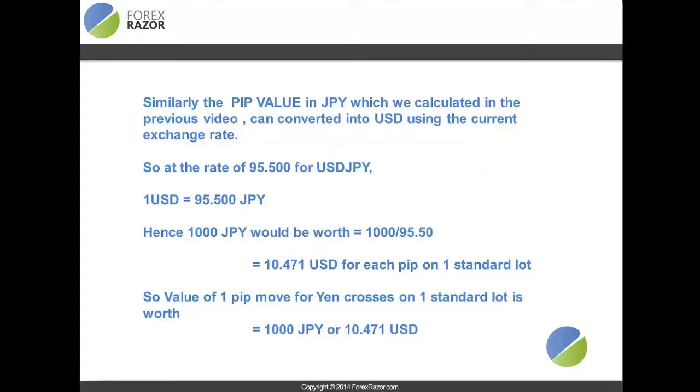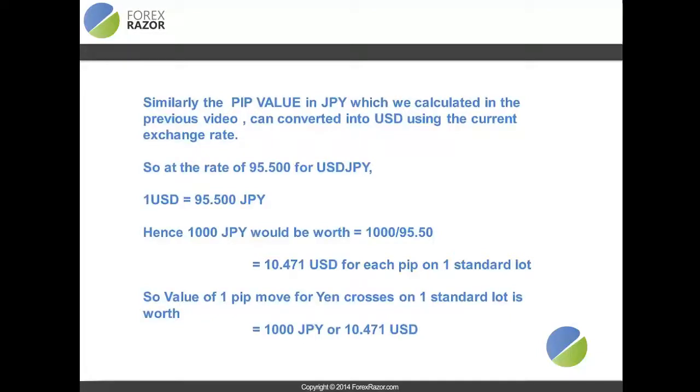Similarly, for the pip value in Japanese yen, which we calculated in the previous video, we can also convert the pip value from Japanese yen into US dollar using the exchange rate of USD JPY. So considering the rate of 95.500 for USD JPY, 1 US dollar is worth 95.500 Japanese yen.